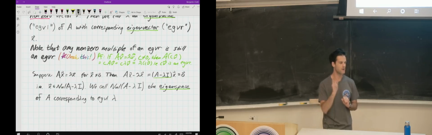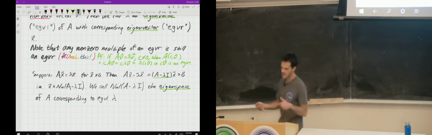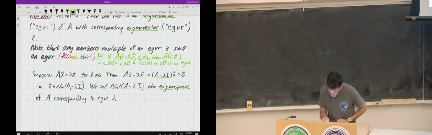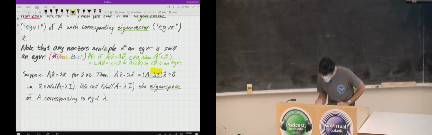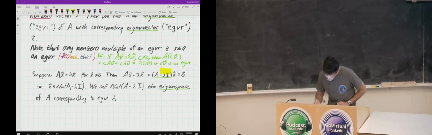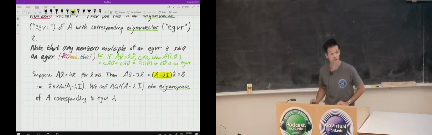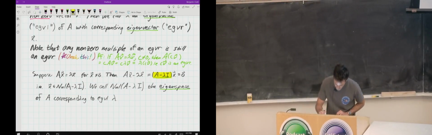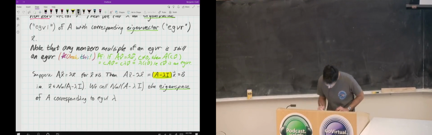That was one of our invertible matrix theorem conditions. So what I'm saying right here is that apparently A minus lambda I is not invertible if it has an eigenvector. Let me write that as a condition.